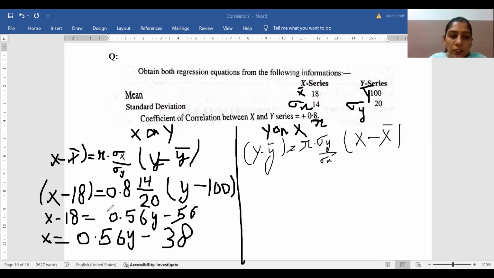So this is the regression equation of x on y.